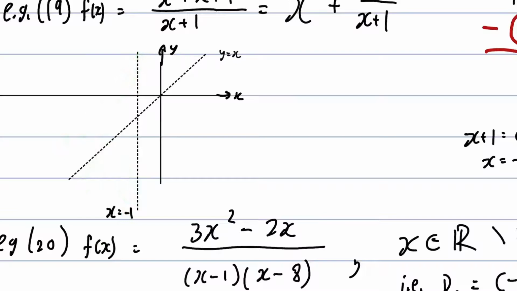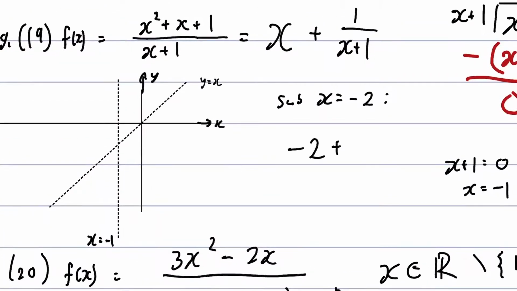So we can sub in a value, let's say something smaller than negative 1. Let's say minus 2. What do we get? We get minus 2 plus 1 over minus 2 plus 1, which is minus 1. That's minus 3. So where would my point be? Negative 2, negative 3, somewhere here, right? Actually this point is minus 1 and minus 1, so it's probably somewhere here.